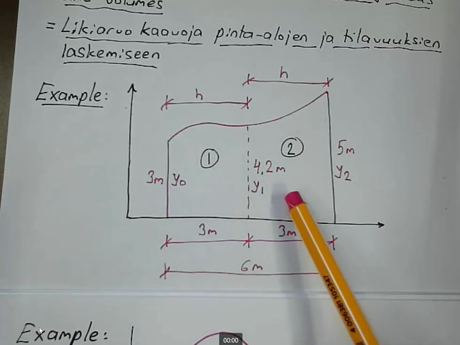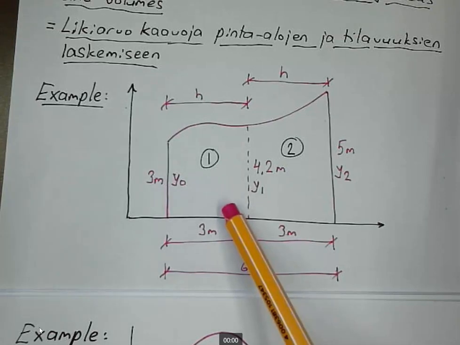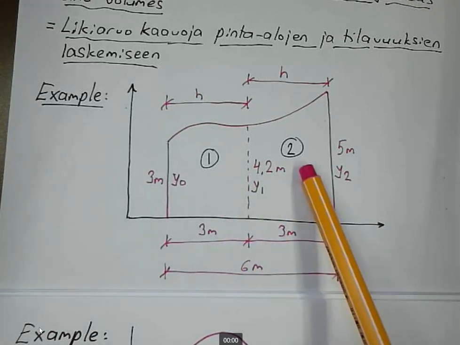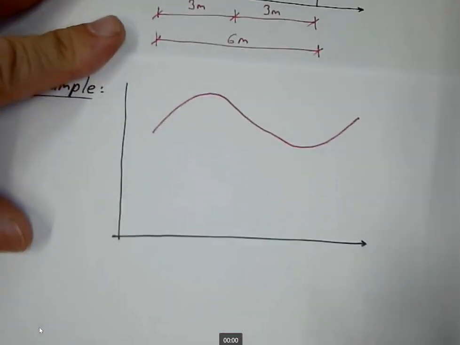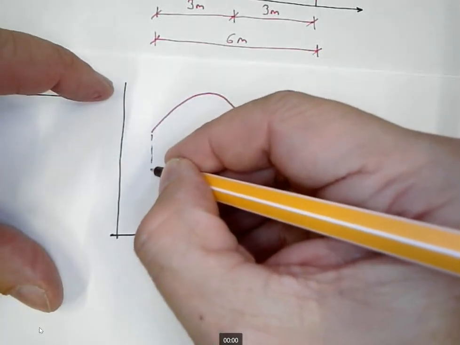As I told, this formula works only if there is an even number of parts there. So 2 is the minimum. The next one is 4. So I will divide this area here into 4 parts.